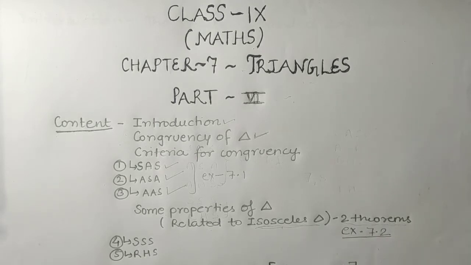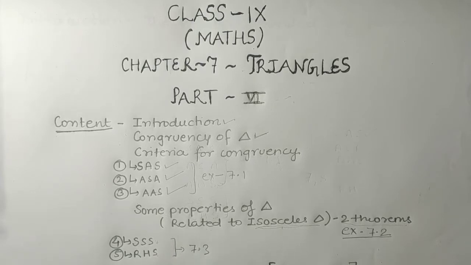After that we'll study the remaining two criteria of congruency of triangles, that is, the side side side criteria and the right angled hypotenuse side criteria, and then we'll solve exercise 7.3.